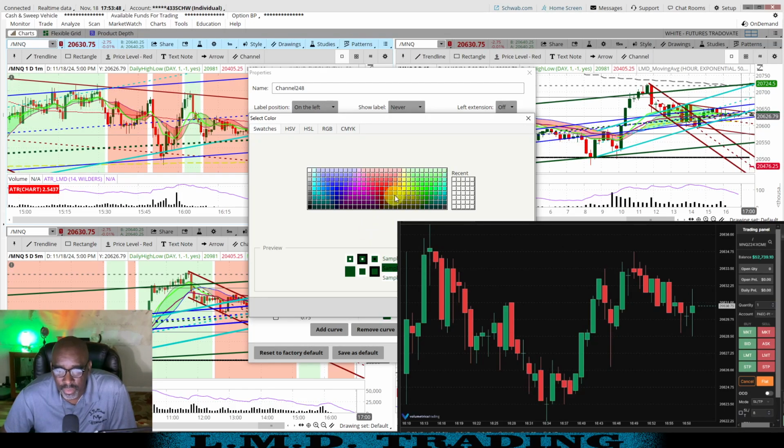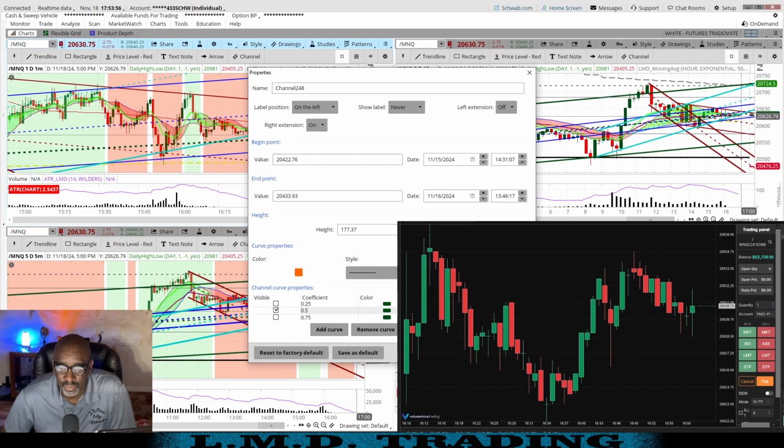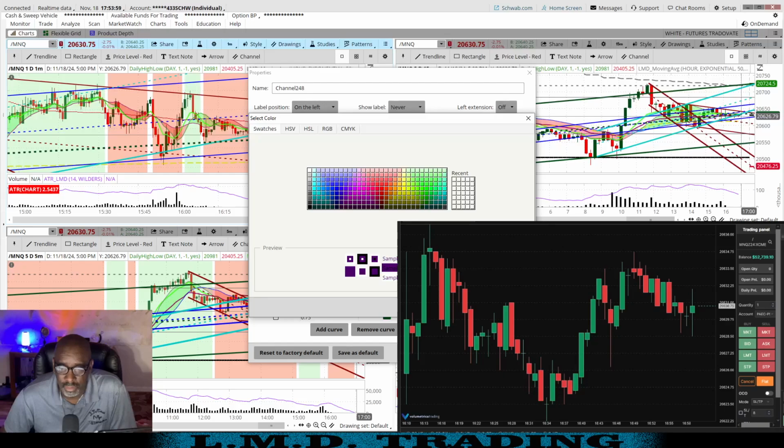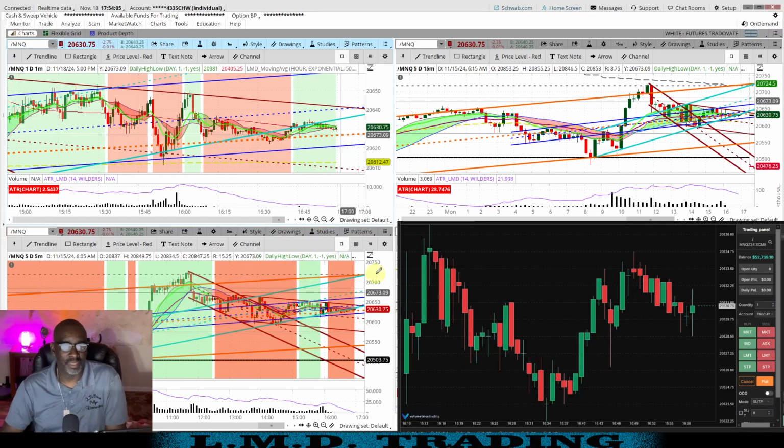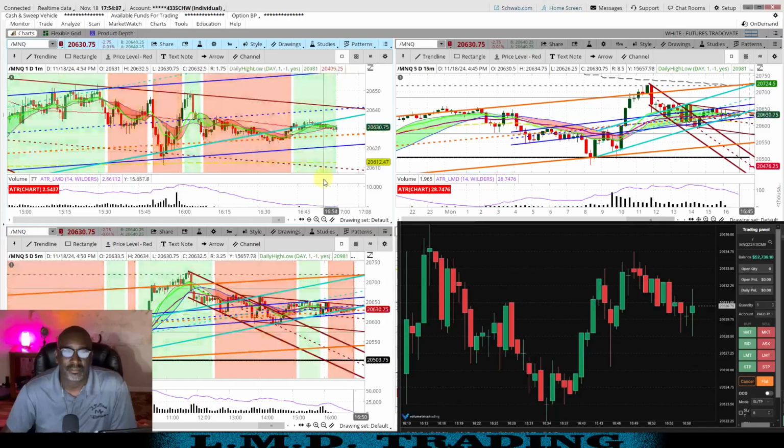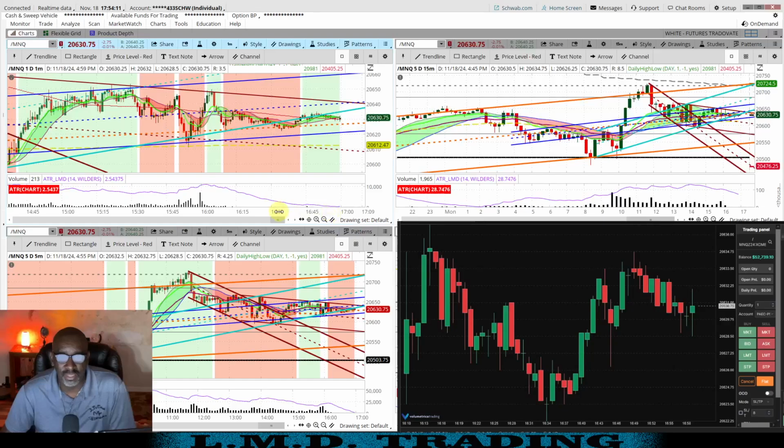I'm going to go with this kind of orangish color. That's almost dead center. Yeah, let's go with that one. There we go. It almost looked black. So now I have everything marked.